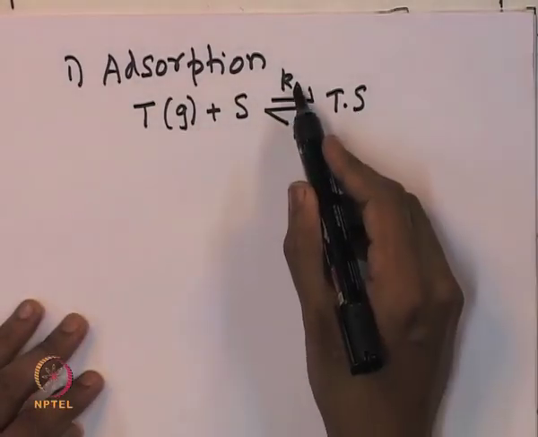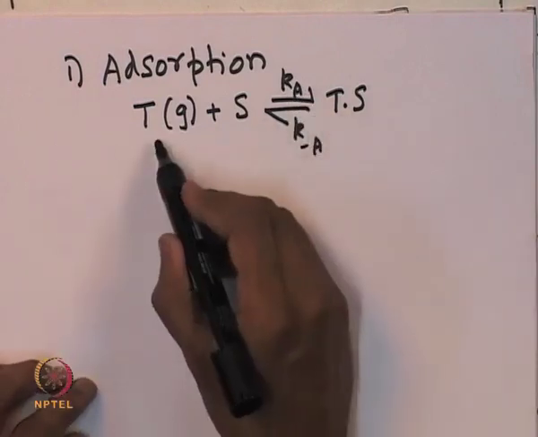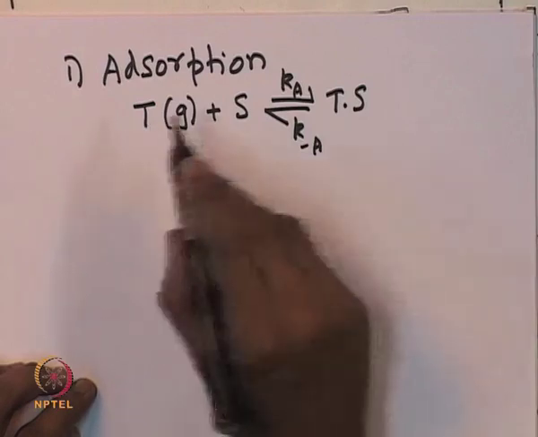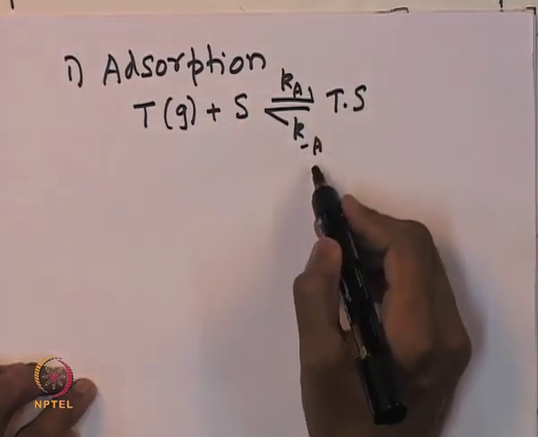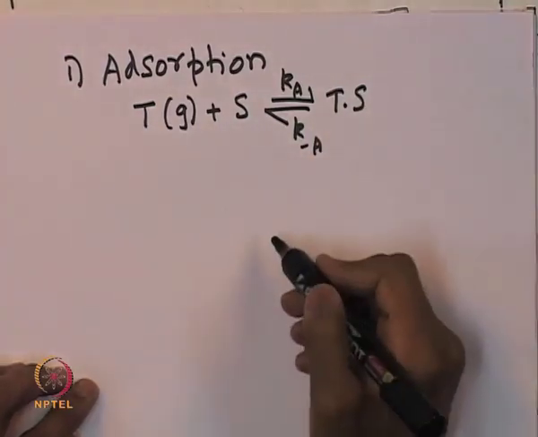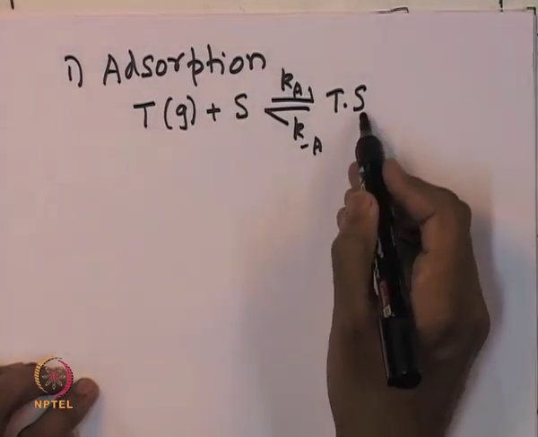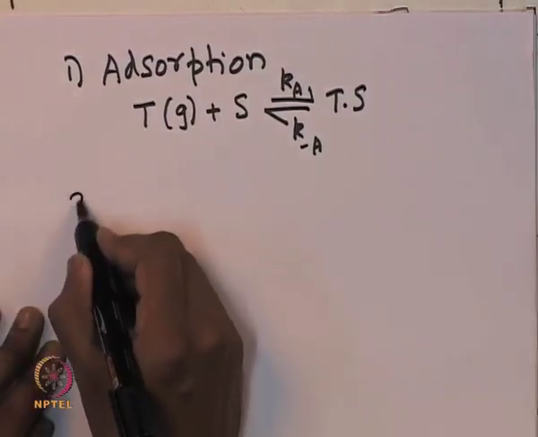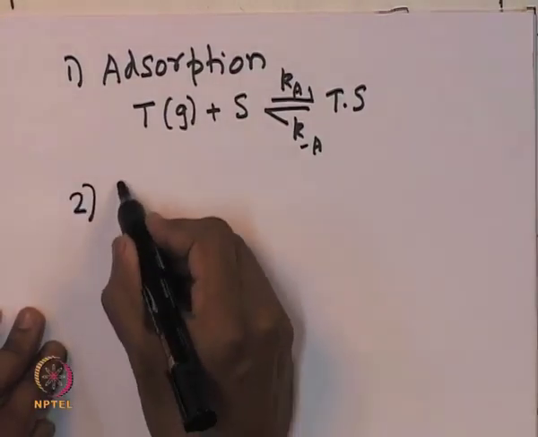So, Ka corresponds to the specific constant which captures the adsorption of toluene onto the site, and K minus A corresponds to the desorption of the toluene from the catalyst site into the gas stream. Okay. And then the second step is the reaction.